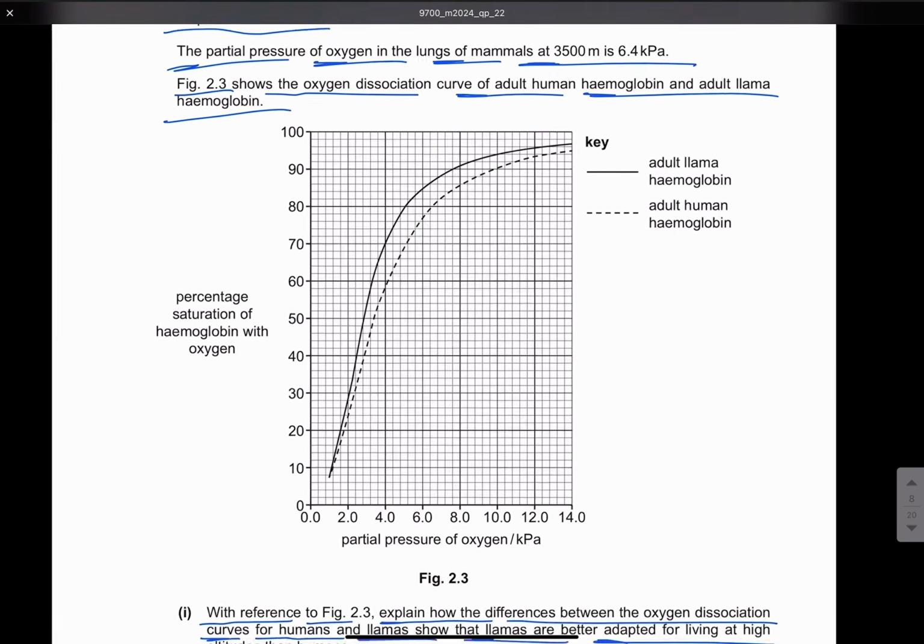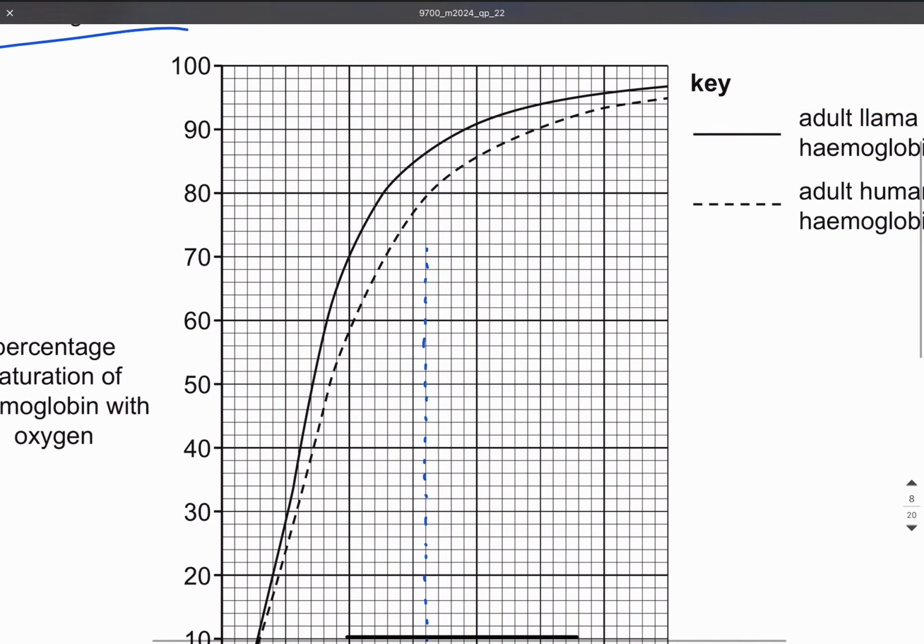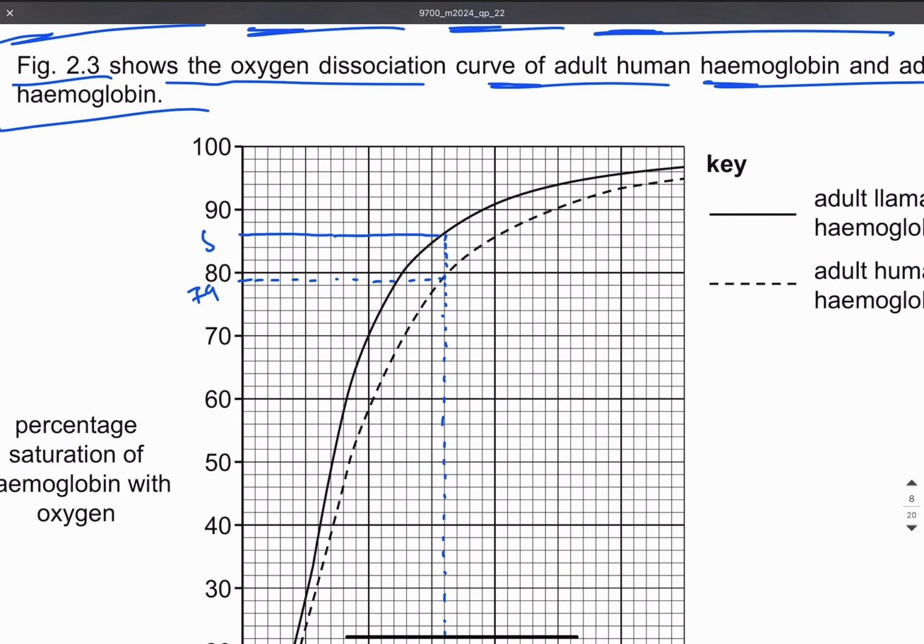For example, at 6.4 kilopascals, the percentage saturation of adult human hemoglobin is 79%, whereas the percentage saturation of adult llama hemoglobin is 86%.